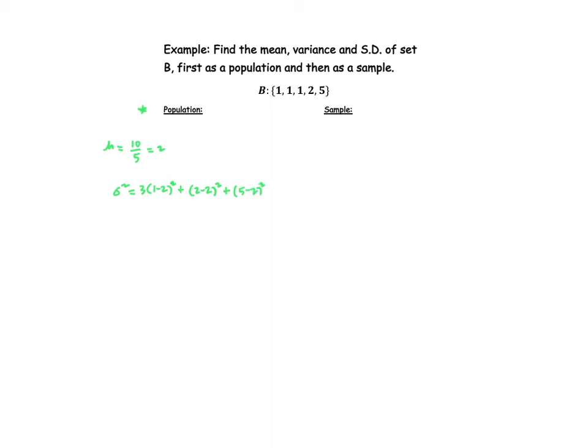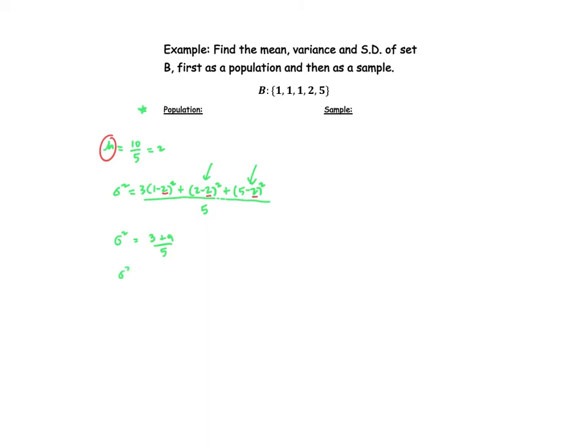Now each of these 2's represent the mean of that population. I can't forget to then take the sum of the squares and divide it by the number of data points. So sigma squared is going to be 3 times 1. 1 minus 2 is negative 1, squared is positive 1. So that'll be 3. Our second term will be 0 squared. Our third term will be 3 squared, which will be 9. We're going to divide that by 5.